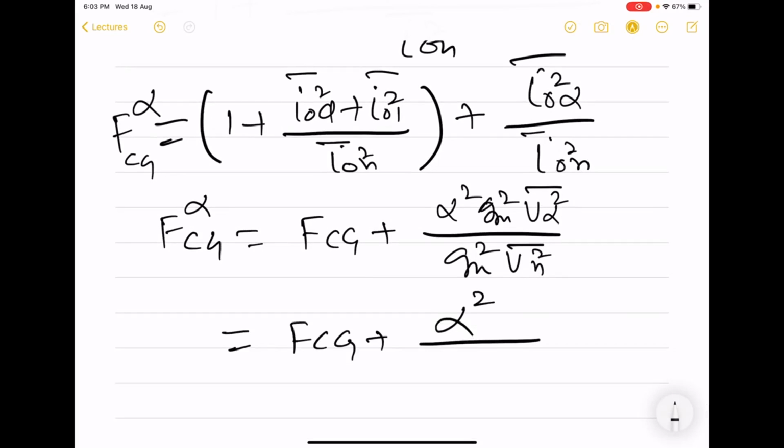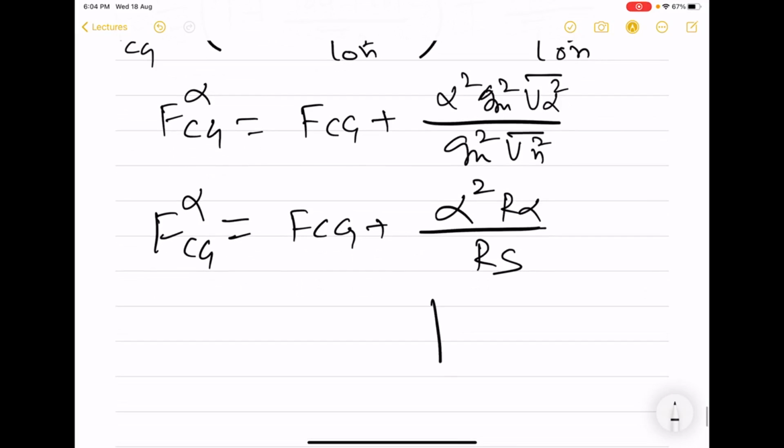So we have alpha square, and we can assume a resistor to designate this V alpha mean square, and the expression will be this. So here what we have done is V alpha mean square has been taken as 4 KT R alpha delta F. So this is an equivalent resistor to account for the noise produced by this.